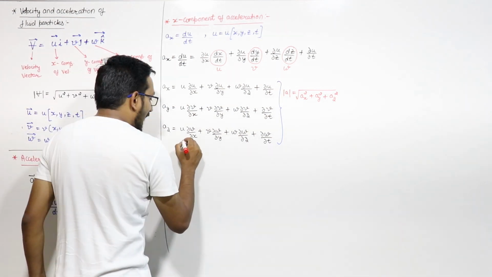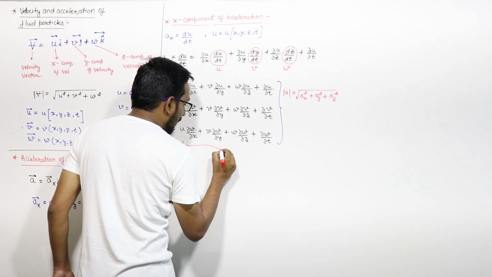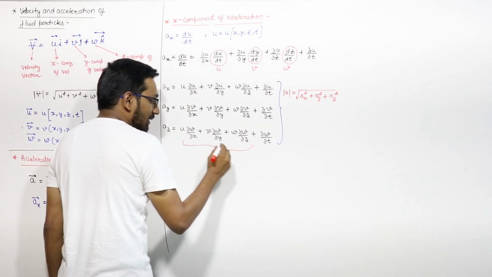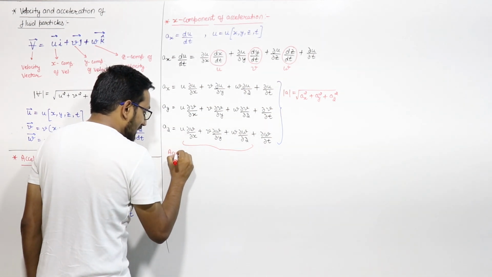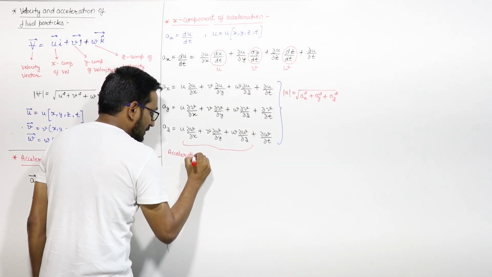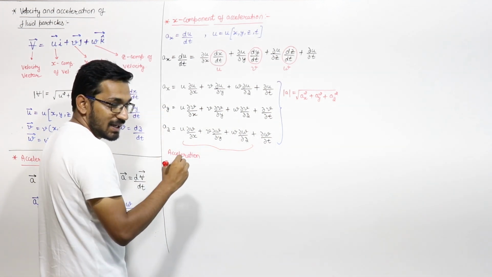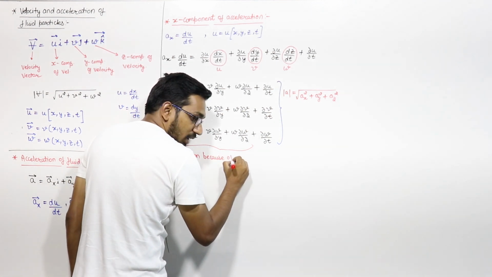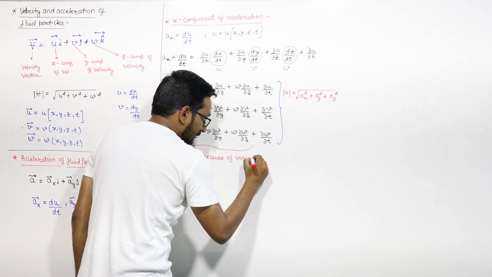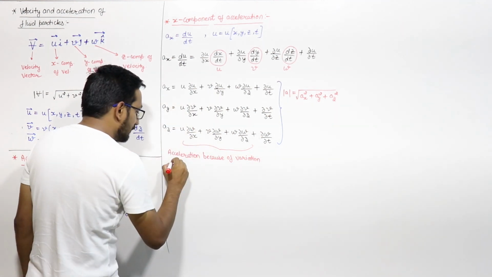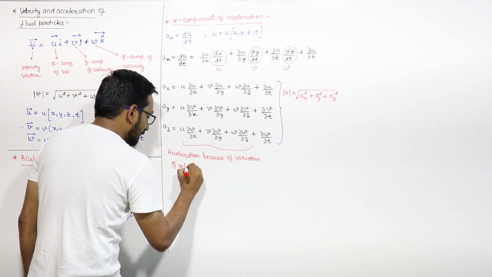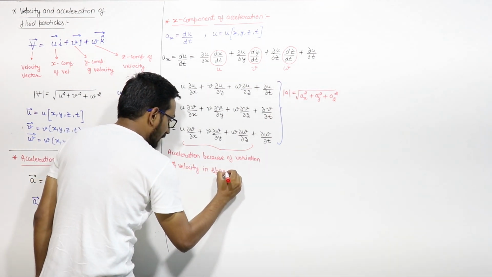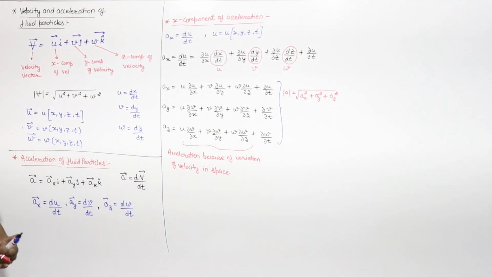If with respect to space the velocities are changing, then these are the acceleration with respect to space, and this is the acceleration with respect to time. Please pay attention. These three components represent the acceleration because of variation of velocity in space.